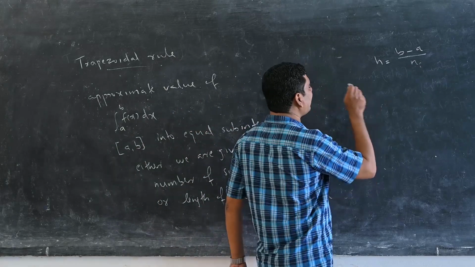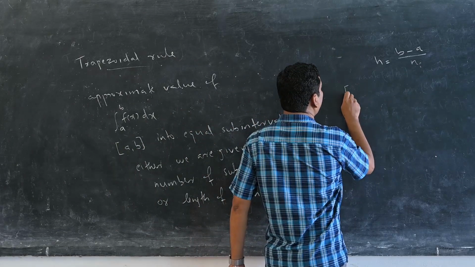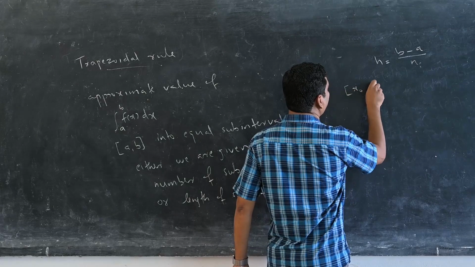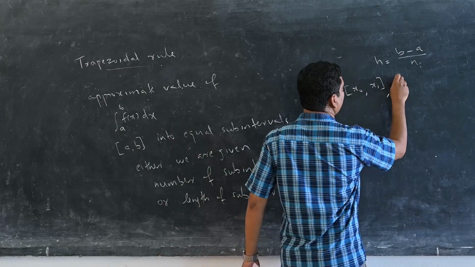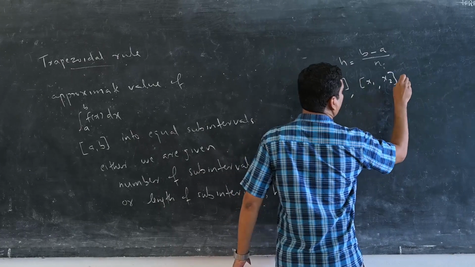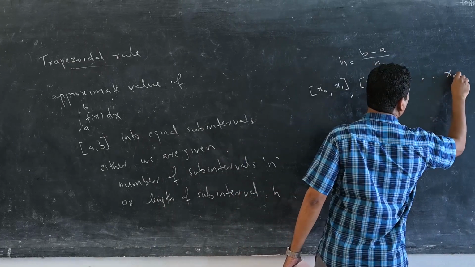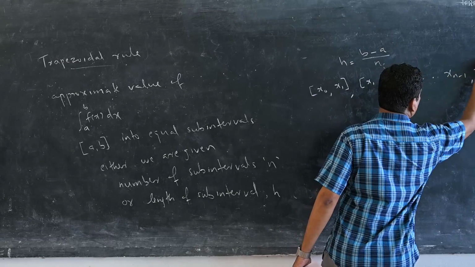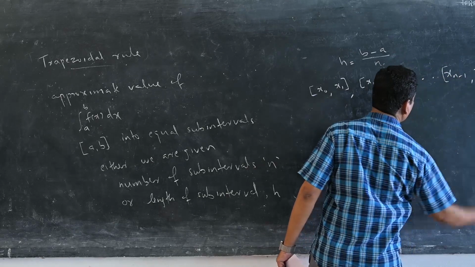The subintervals are x0, x1, x1, x2, etc., xn minus 1, xn.